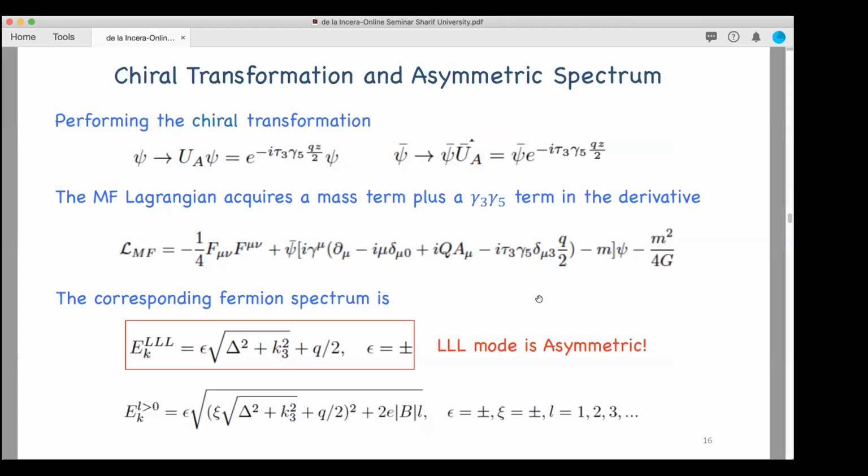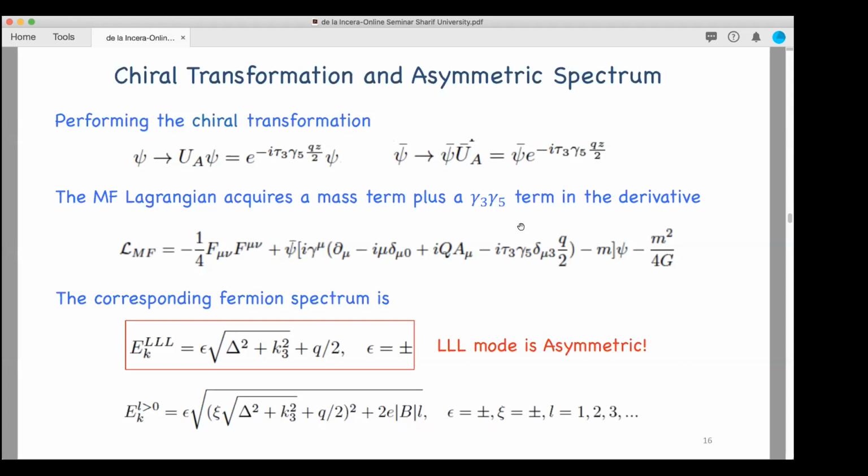Sorry, Vivian. Yes. I missed why you introduced this chiral transformation. What's the use of this transformation? Okay, so it's a local transformation on the fields, and it's just a way to rewrite the Lagrangian in a more convenient way. You can always do this transformation, right?